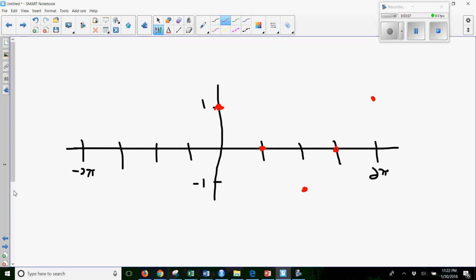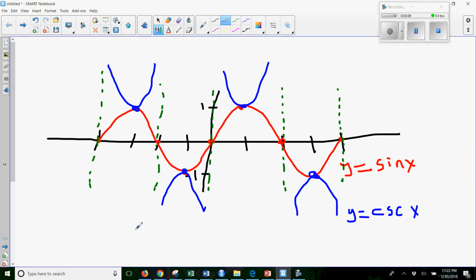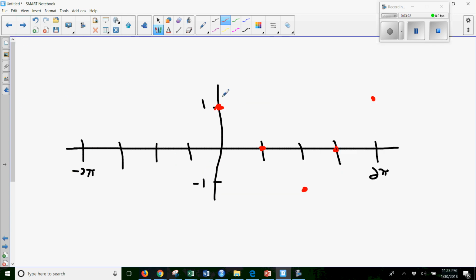Okay, let's also note, if we go back real quick, that the sine is an odd function, right? So the sine of negative x is equal to the negative sine of x. Now here, going in the opposite direction, well, so it's going to start up here.